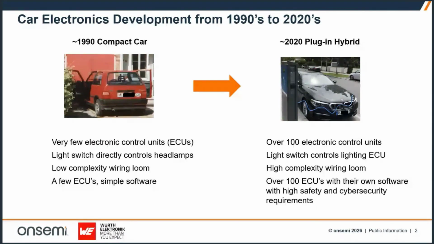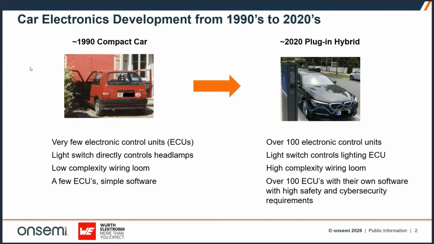So what happened over the years between 1990 and this car I've shown from the 2020s? People said, okay, let's have ABS systems, it's safer, let's have airbags, it's safer, let's have window winders, and so on and so on. After 30 years, you've got 100 electronic control units added piece by piece over time.